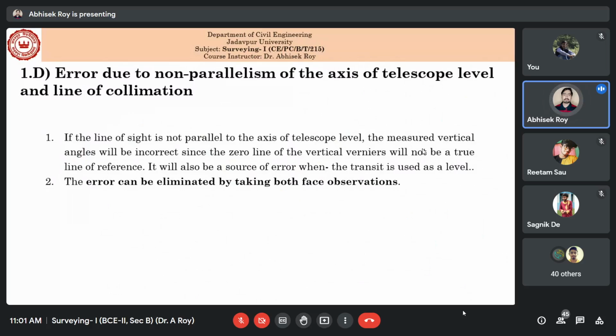Now we'll discuss another kind of error, that is non-parallelism of the axis of the telescope level and the line of collimation. So if this kind of error is there, that is the line of sight is not parallel to the telescope level.